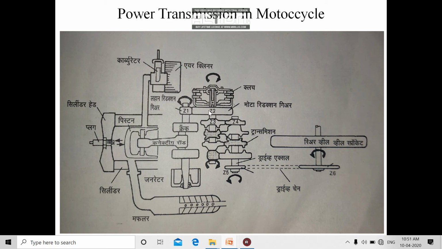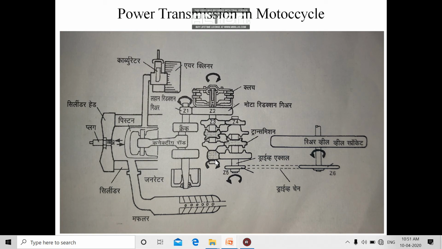So you know that Z2 by Z1 is called the primary gear ratio and Z6 by Z5 is called the secondary gear ratio. We also know that Z2 is directly mounted on the clutch basket. This clutch basket rotates along with Z2 because they are fixed to each other, but this clutch housing and Z2 are free on this main shaft.